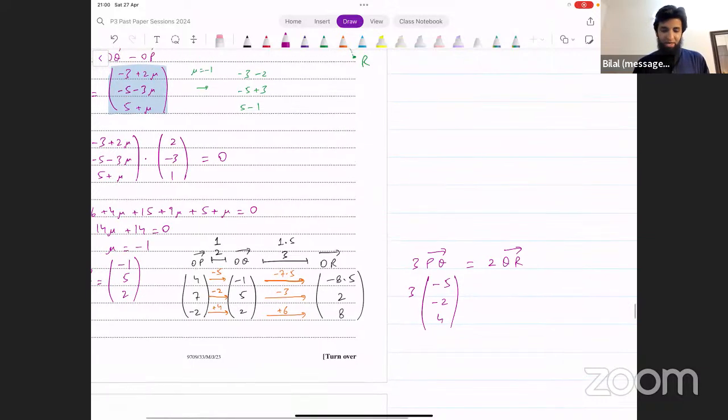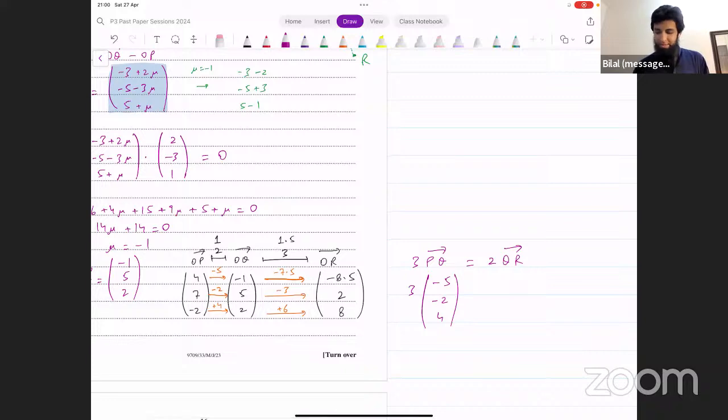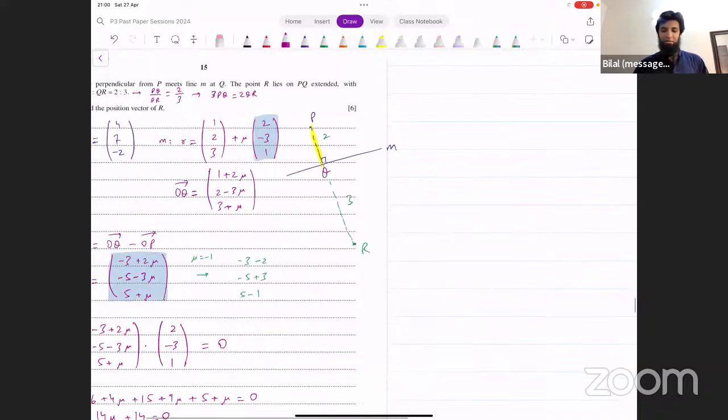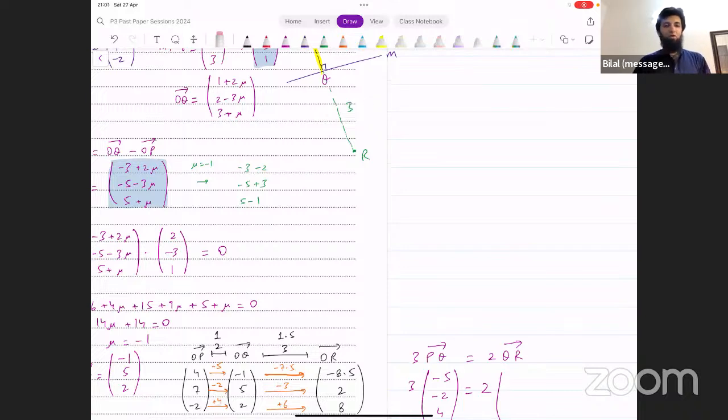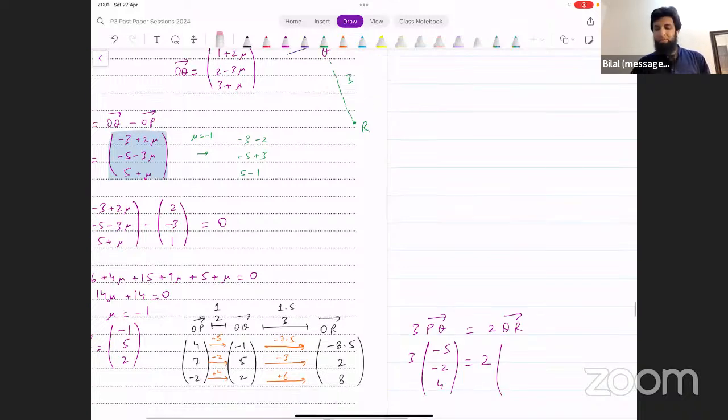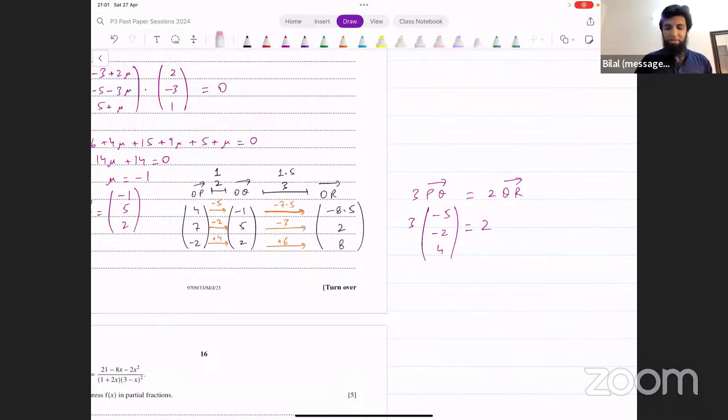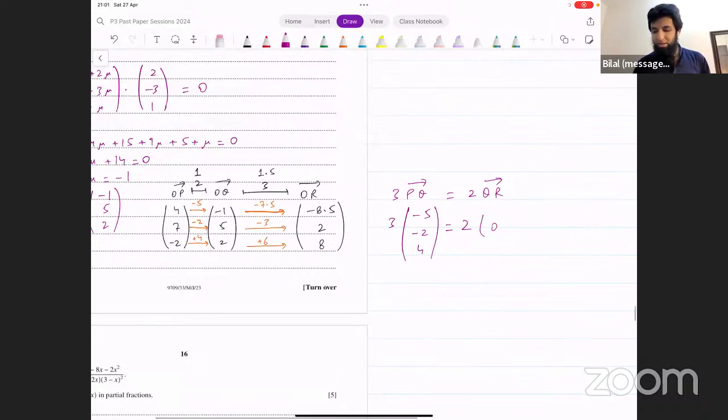That equals 2 into QR vector. Now we don't know what the QR vector is. In place of QR, we can say QR is the same thing as OR minus OQ.